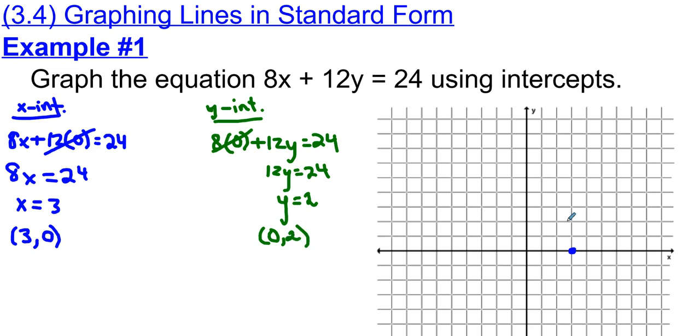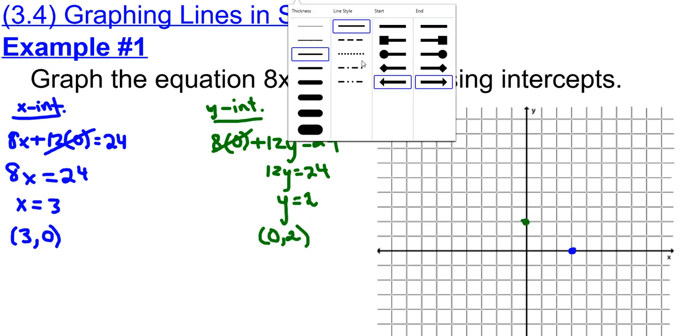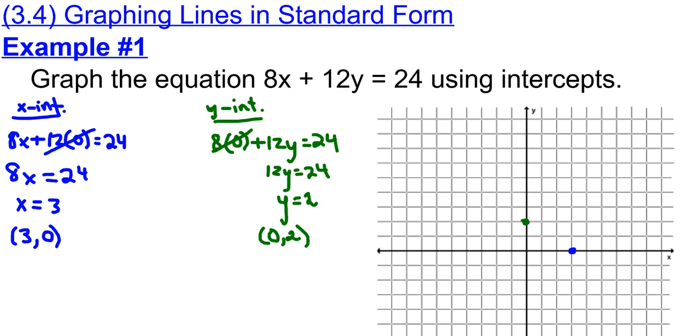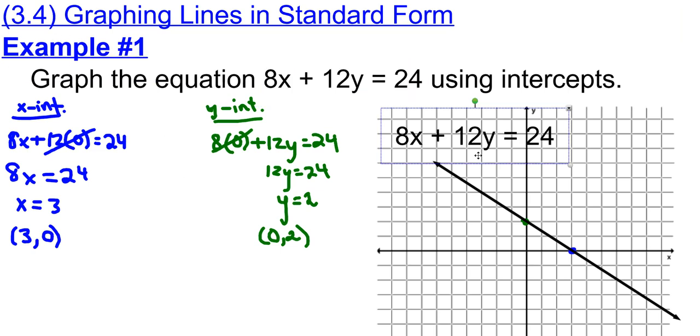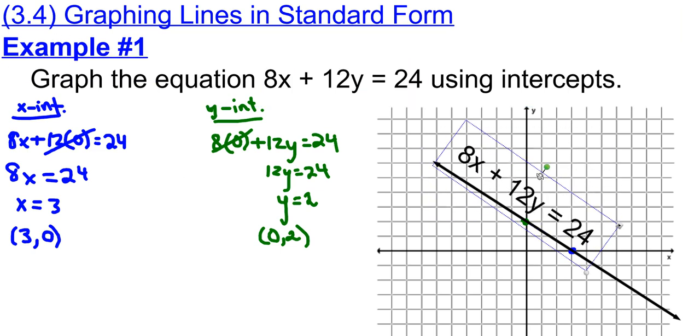And then I can draw my line going through those two points. Rise 2, left 3, rise 2, left 3, making sure I go through all the points that are actually on this line, using a constant slope. And there it is. You always want to put the equation on the line that you use to graph. In this case, I used the standard form equation, 8x plus 12y equals 24.